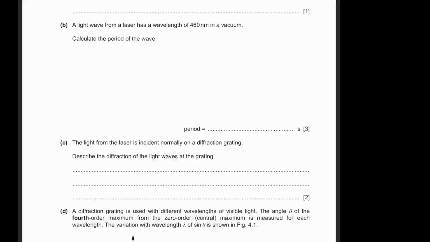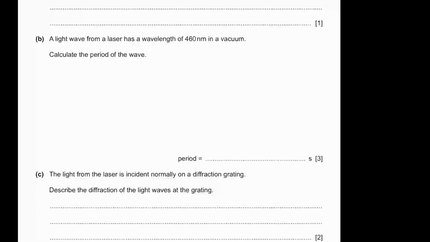For a progressive wave, state what is meant by the wavelength. You can define it as either the distance between two adjacent wavefronts or the distance between two adjacent particles that are vibrating in phase.